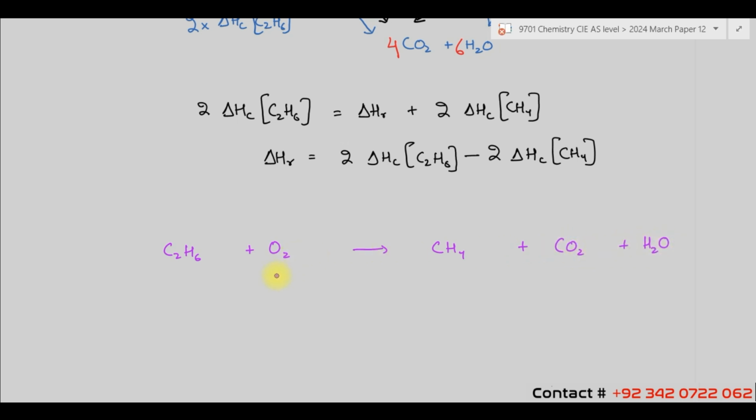Enthalpy change of formation means when something is formed from the elements in their standard states. So to make C2H6 we need carbon, we need hydrogen, we also need oxygen. This is delta HR.